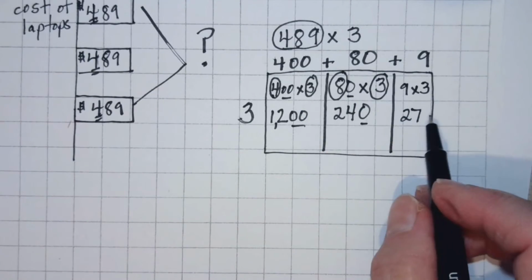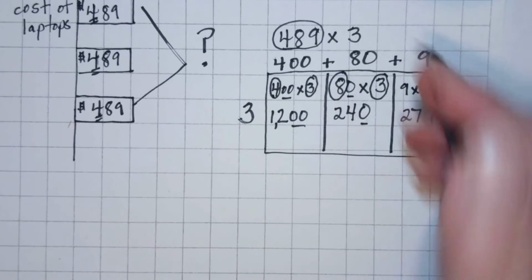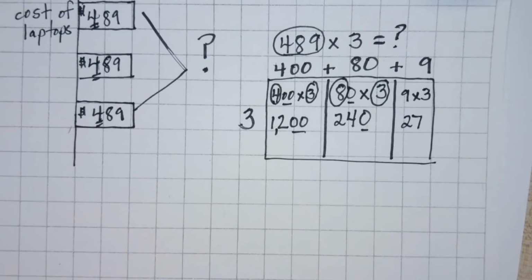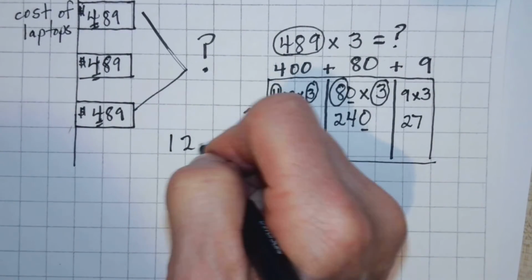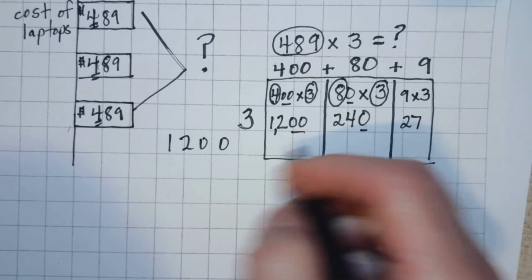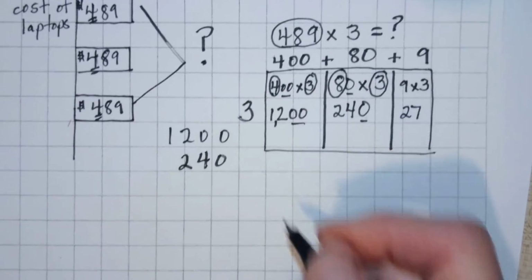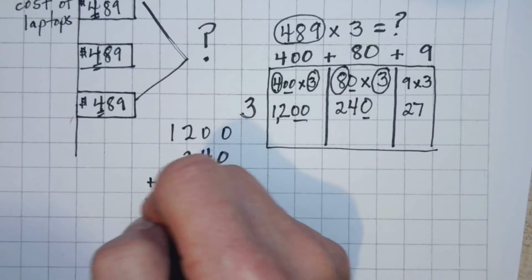So I have to add up these partial products. Remember, that's what they're called, partial products. They're part of the product, which is the answer to a multiplication problem. So I'll just put them right here. And I really should have used these beautiful boxes here, but I didn't.